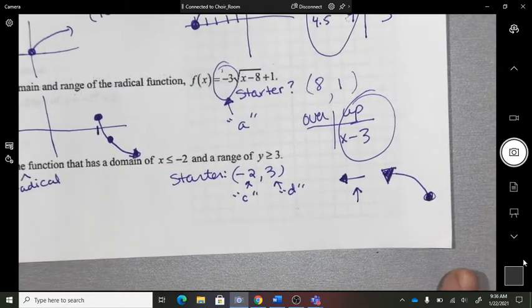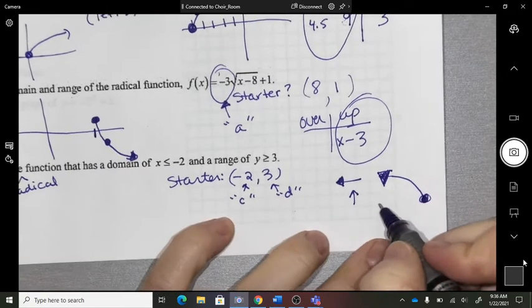So that's what my radical looks like. It's headed left up. Is that normal, or did something reflect? It looks like a reflect.